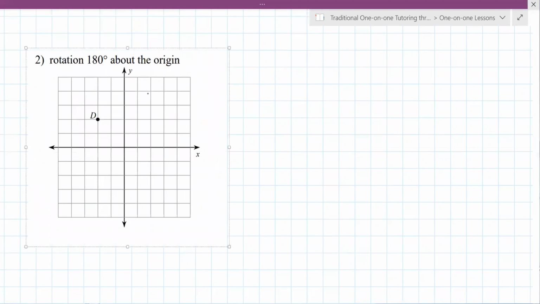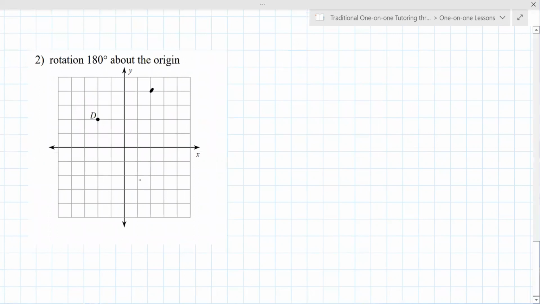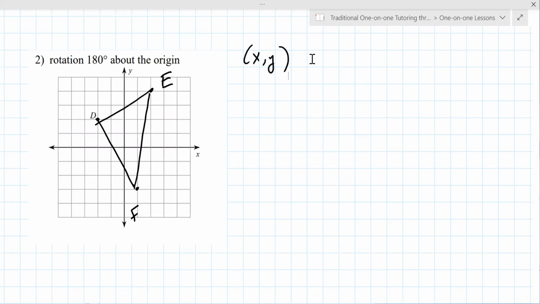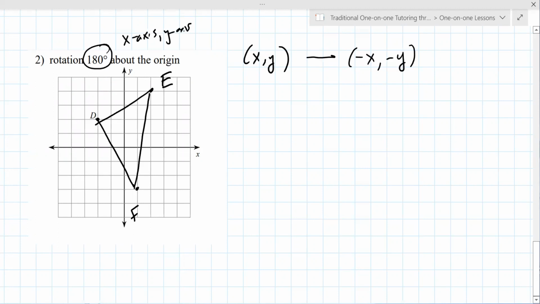Let's go E and then F down here like this. So for this one, the formula is you negate the X and you negate the Y. And the reason is because 180 degrees literally means X axis, then Y axis.